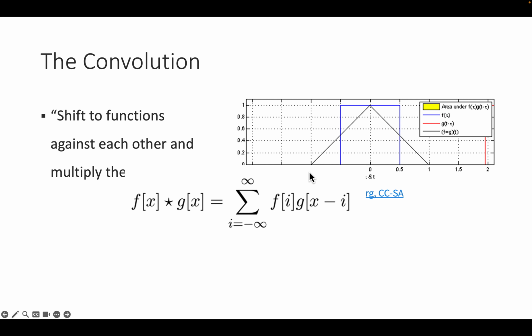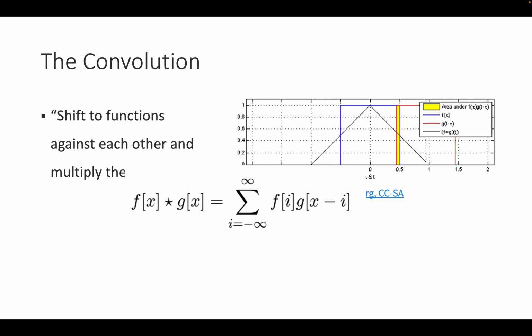Now this sounds very complicated, but watch this animation. As the 2 functions approach, the product and the sum of the products increases. The sum of all the products is maximal when they overlap completely, and then as the function leaves the other one, that sum of the products goes down.